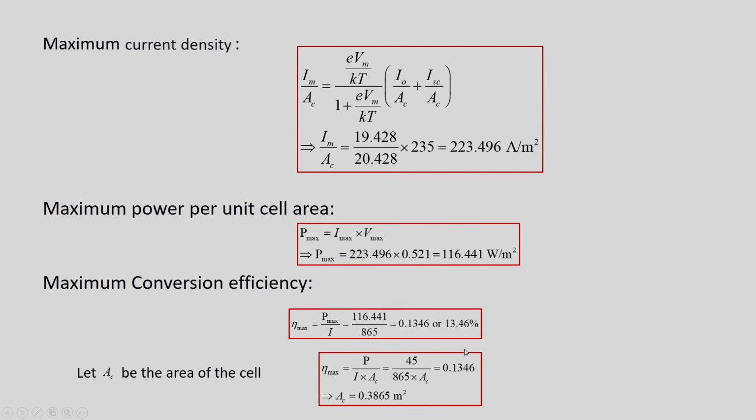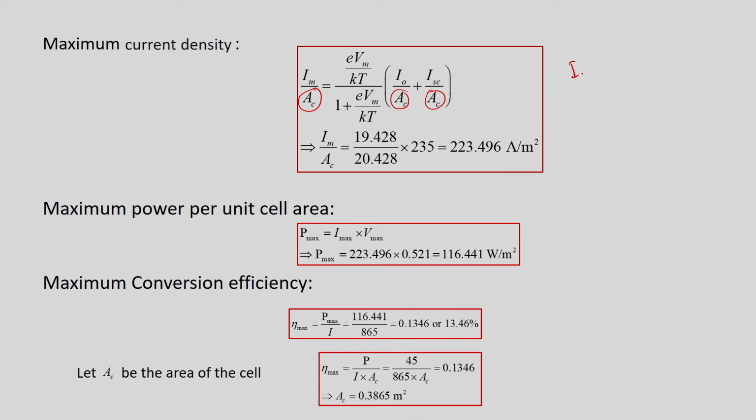Now once we know this, we can calculate the maximum current density. So this expression we can use. In the expression we used during derivations, IC was not there, so we can take that expression.